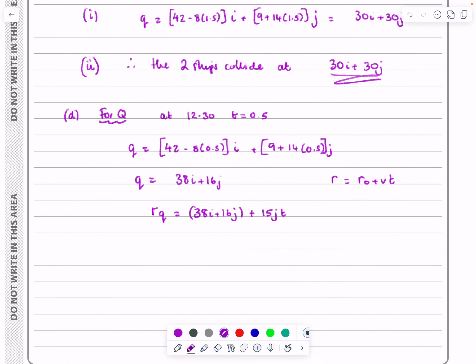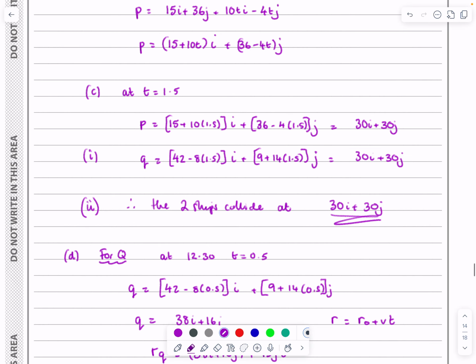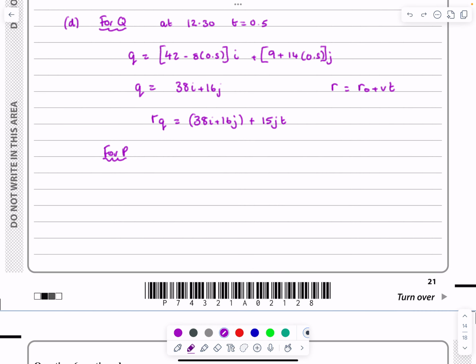If I want to know where P is going to be at that point, P didn't change at all. So I already had P as 15, this one here, as 15 plus 10T and 36 minus 4T. So there I can just put in at 2:30, where is that going to be?